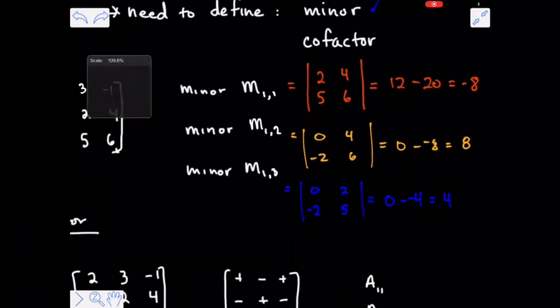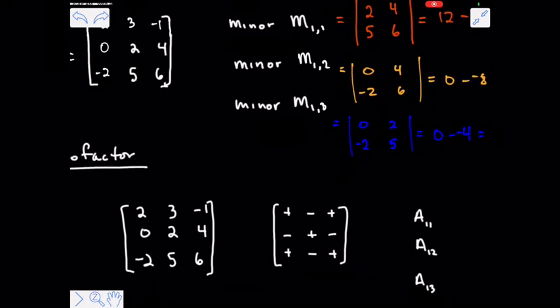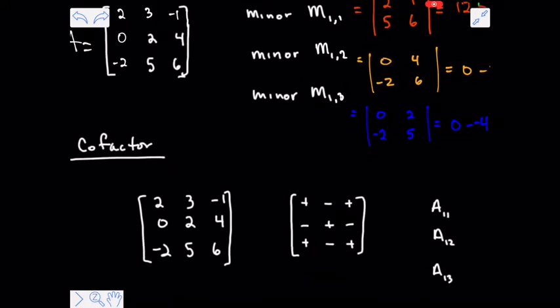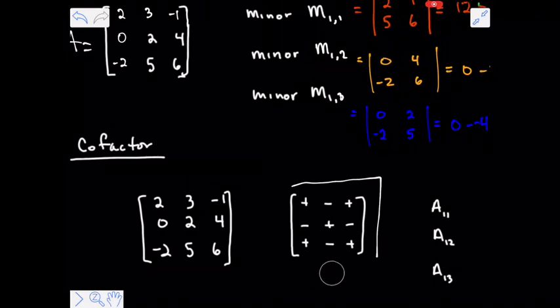And the way you determine whether to multiply it by 1 or negative 1 is based on this pattern right here. Let me just show you rather than try to explain that right now.